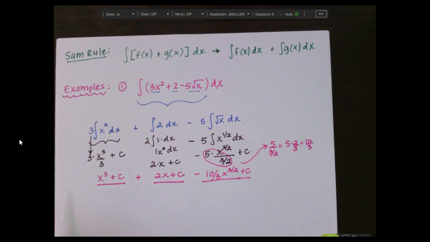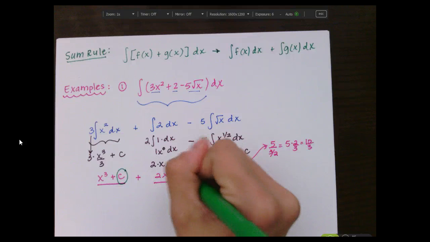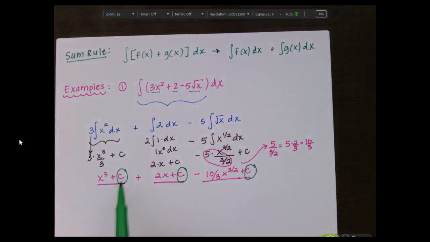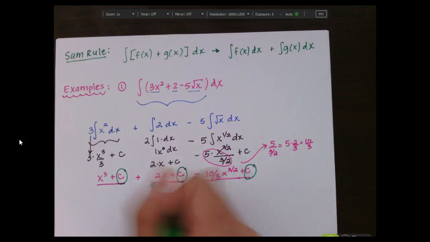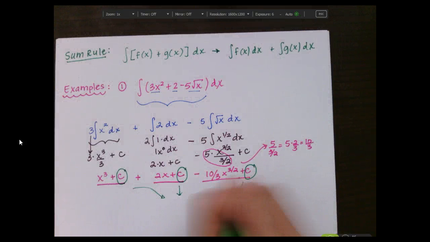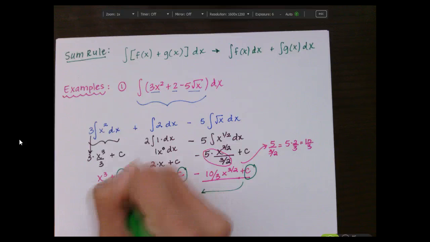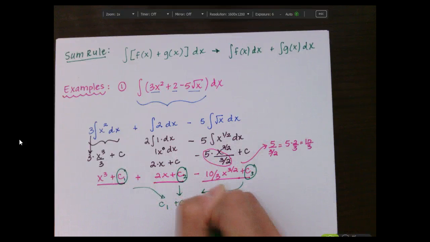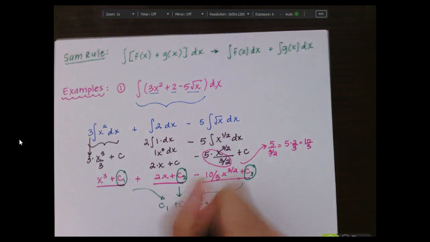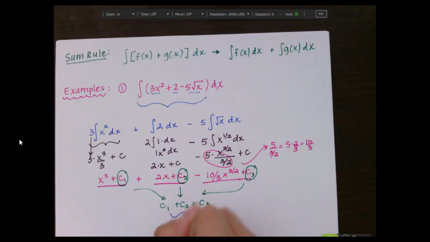Now, the only thing to note here is that if you have 3 constants, let's say this is 2, 5, and -7, whatever they are, it doesn't matter. Anytime you add 3 constants together, let's call them C1, C2, and C3, the sum of any 3 constants is still just a constant.